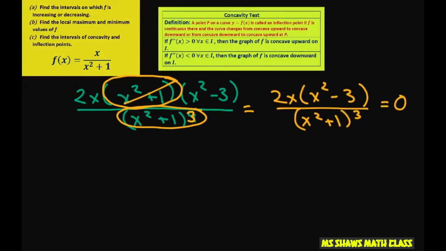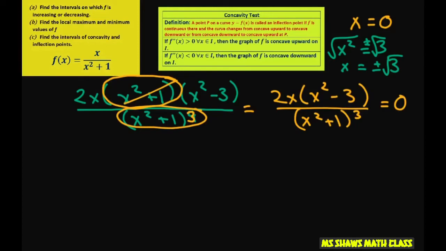Now set that to 0, and you have x equals 0. And for x squared minus 3 equals 0, x squared equals 3. Square root both sides, do plus and minus, so you get x equals plus or minus square root of 3, sorry.